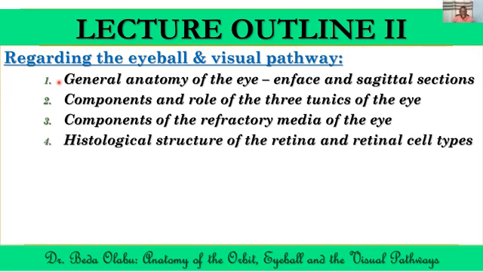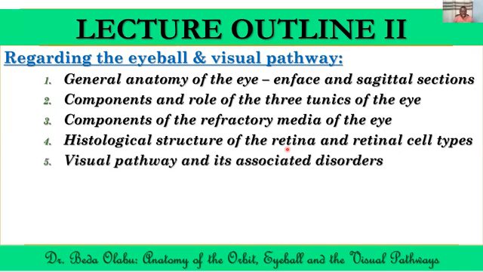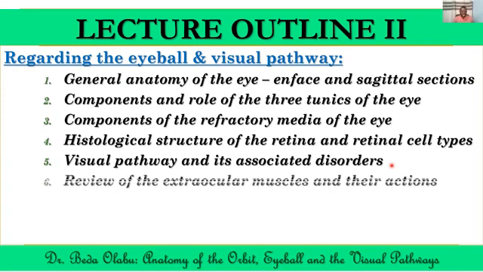It focuses on the histological structure of the retina itself in great detail, and also talks about the different cell types within the retina. It focuses on the visual pathway, how impulses move from the retina all the way to the brain, and also talks about the disorders associated with this visual pathway.